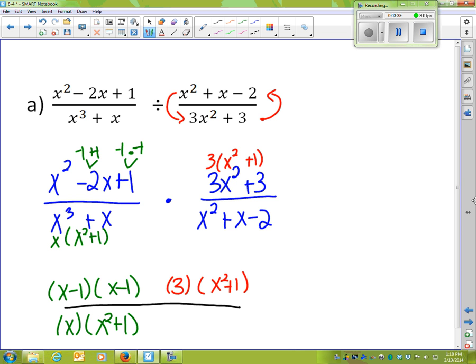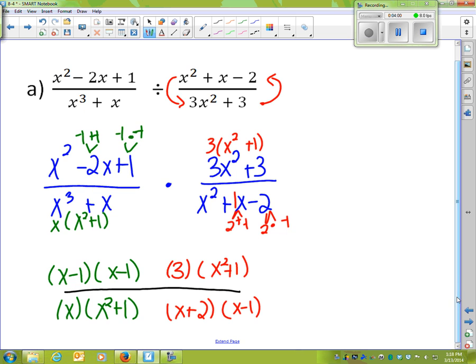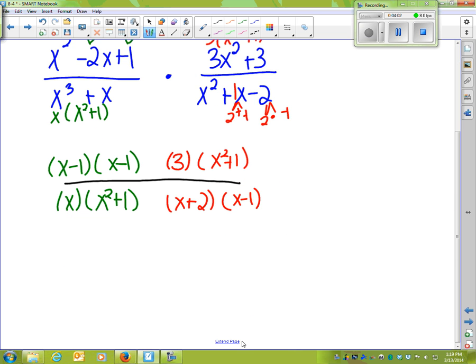And then in my second fraction, that's a trinomial. What multiplies to give me negative 2 and adds to give me positive 1? That would be positive 2, negative 1. So I'll write it as x plus 2 times x minus 1. Step 2, factored everything that I could.